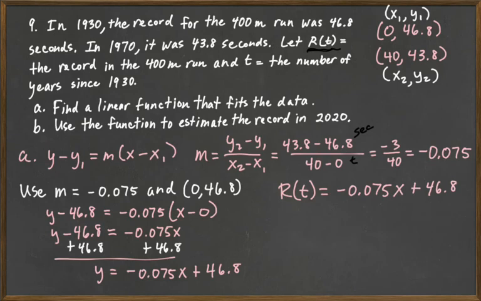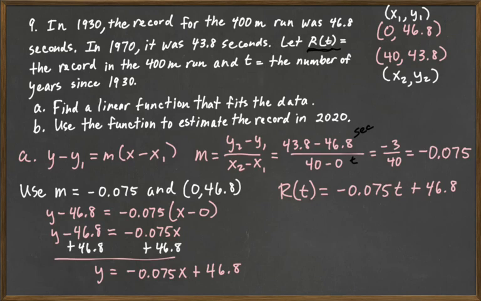I need to fix that because it's not x. Our independent variable is actually t. Let me fix that. And so we get r of t is equal to negative 0.075t plus 46.8. And so this is the function that basically tells us the record after t years have passed since 1930.